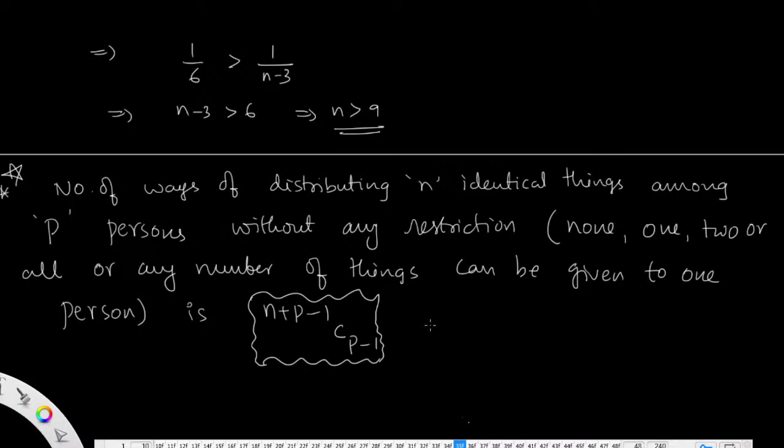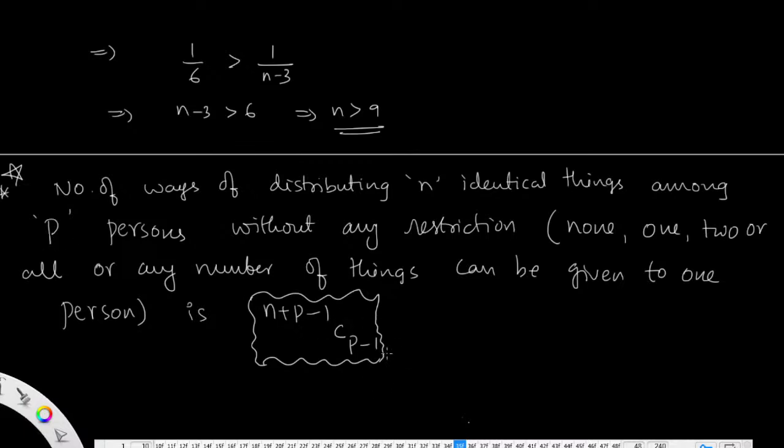This formula is nothing but the number of ways of dividing or distributing n identical items among r persons, or among p persons, or anything. Each of them can receive 0 or 1 or 2 or any number of things. This distribution of alike things is denoted by n plus r minus 1 C r minus 1.